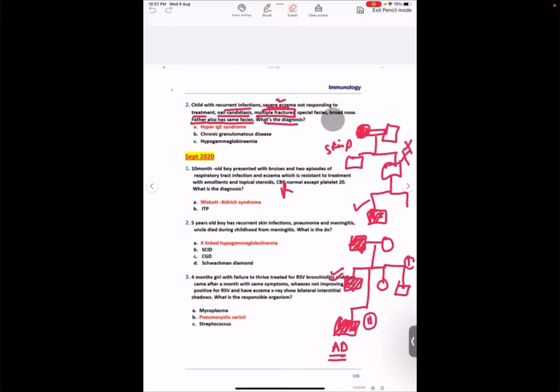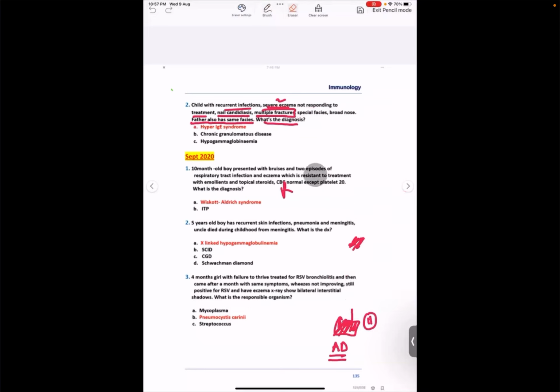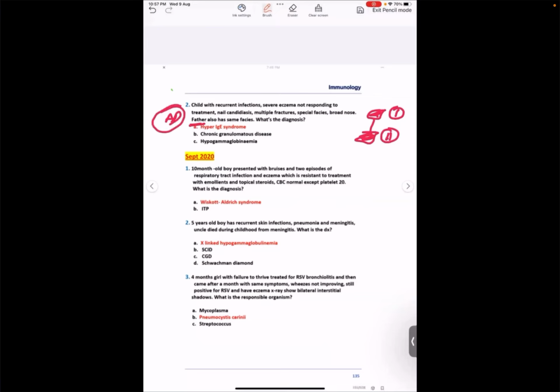So what is the pattern here? The child is having disease and his father is also having disease. Here they are not talking about the uncle, right? So the father has disease and the child has disease, generation 1 and generation 2. It's autosomal dominant. Which one is autosomal dominant?